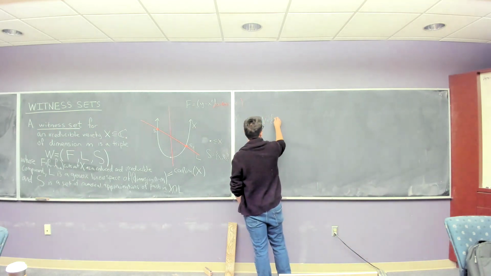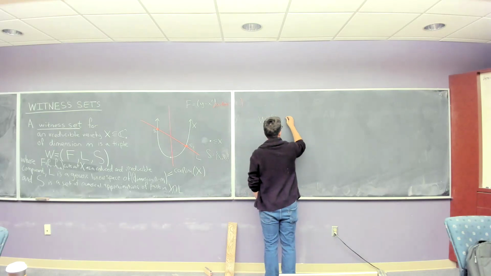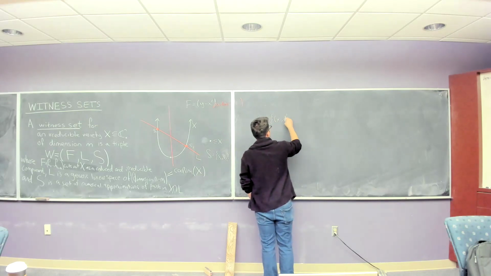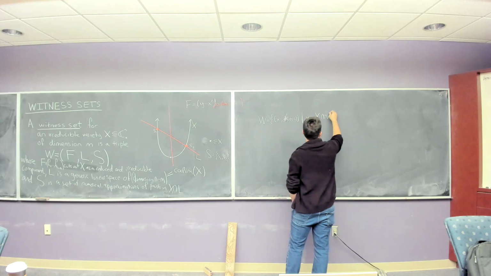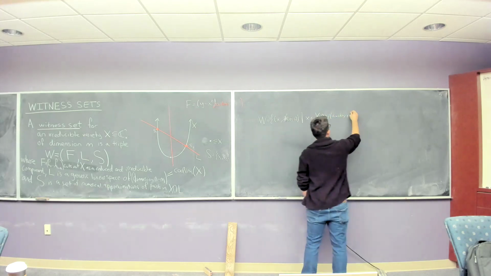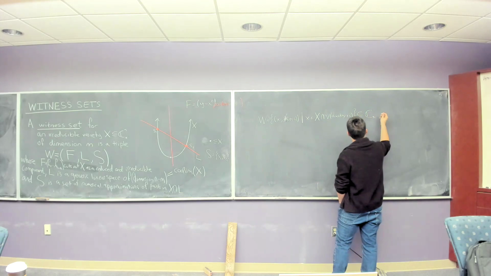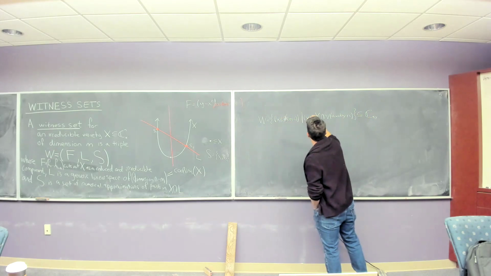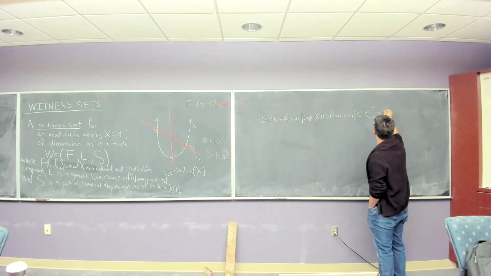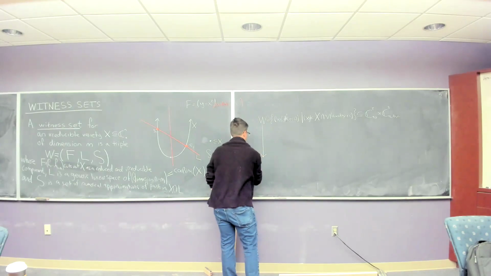Upstairs, we have a set of all x's, let's say, with coordinates x and y. So that's the incidence variety of the parametrized polynomial system.